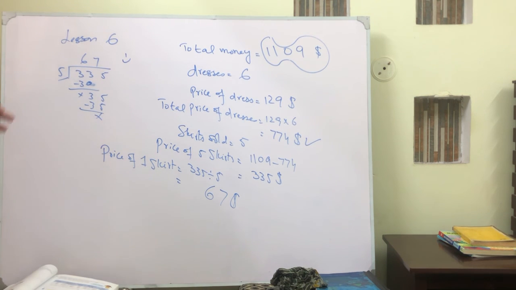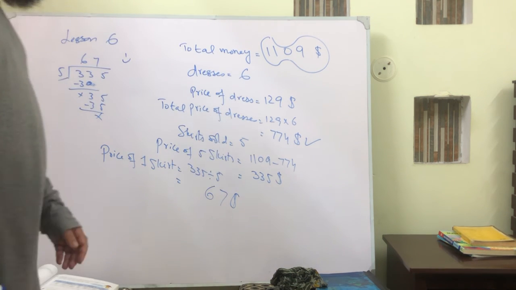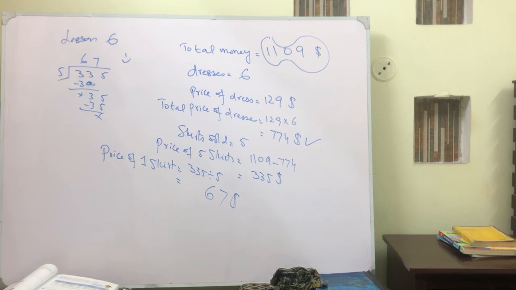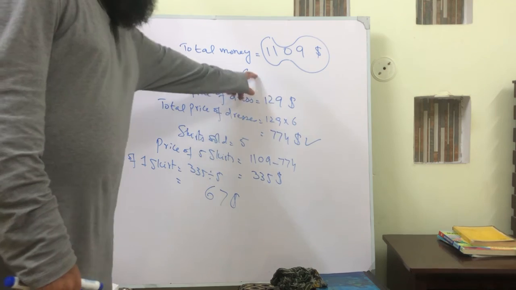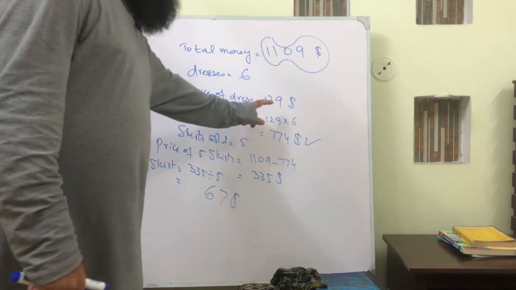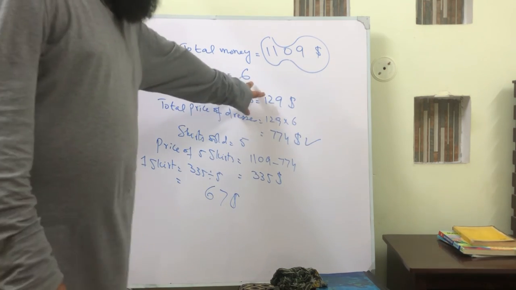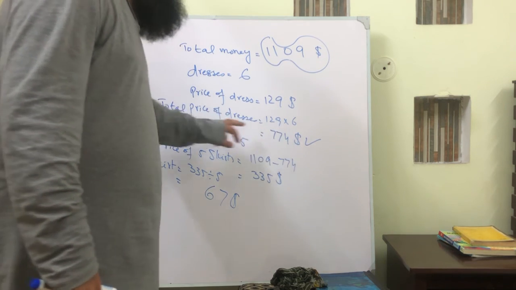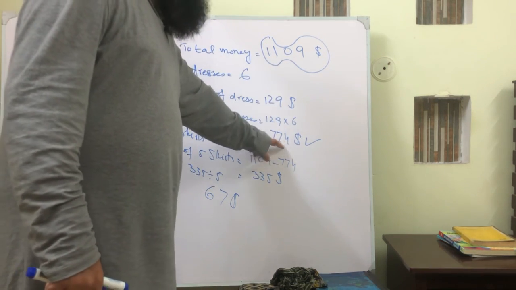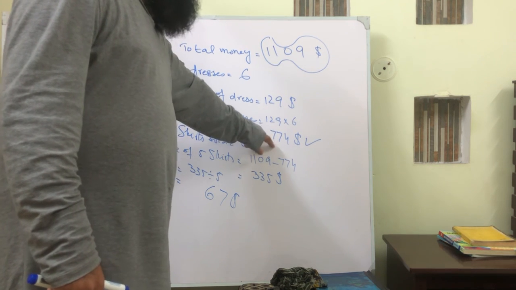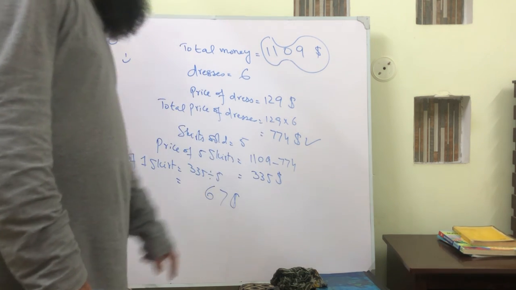Okay, again I'll repeat. The total money collected from the sale of 6 dresses and 5 skirts was 1109. Dresses were 6. One dress for $129. Multiply these two, we get $774 for the dresses. So from this amount, we subtracted the price of the dresses, and we get the price of the skirts.